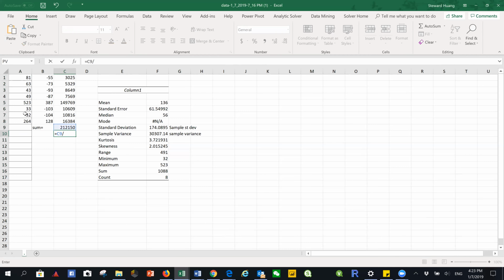There are 8 of them, and then divide that by 8 minus 1, because that's the formula. And so that's the variance. You get the variance. Now, through the variance, you can calculate the standard deviation, the sample standard deviation.